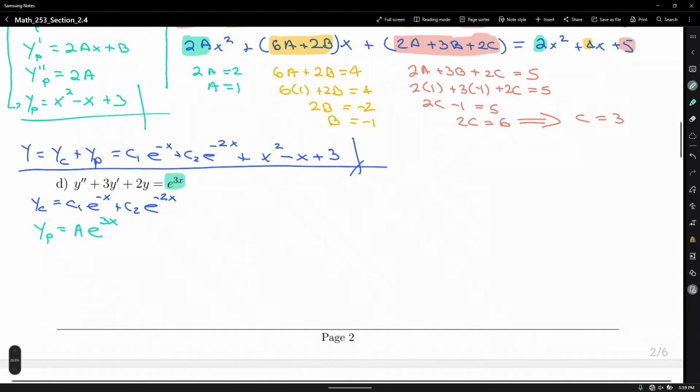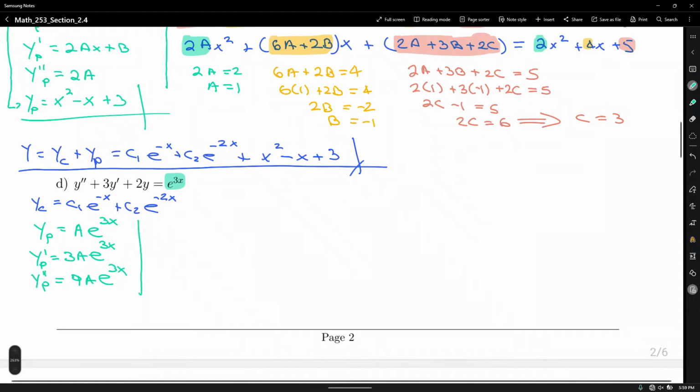All right, well, let's find the derivatives. Y sub p prime equals 3a e to the 3x. Y sub p double prime equals 9a e to the 3x. What are we going to do? Substitute this into the differential equation. Again, whatever corresponds in the second derivative, whatever corresponds in the first derivative, and whatever corresponds in the original function.